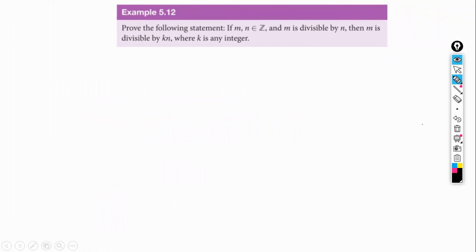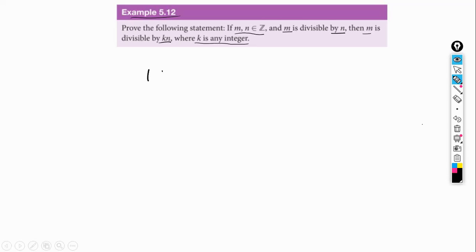So we continue with example 5.12, and it says, prove the following statement. If m and n belong to the integers, and m is divisible by n, then m is divisible by k times n, where k is any integer. Now remember that we cannot use examples to prove something to be true, but we can use a counterexample to prove a statement false.